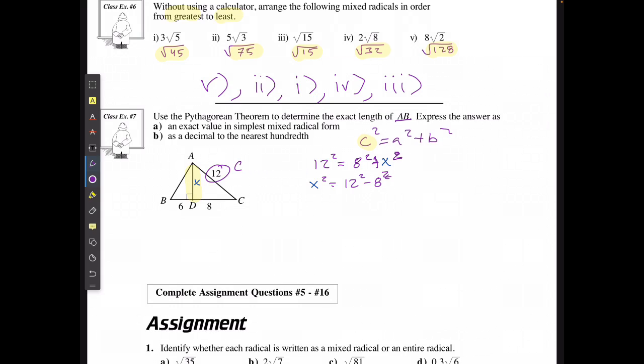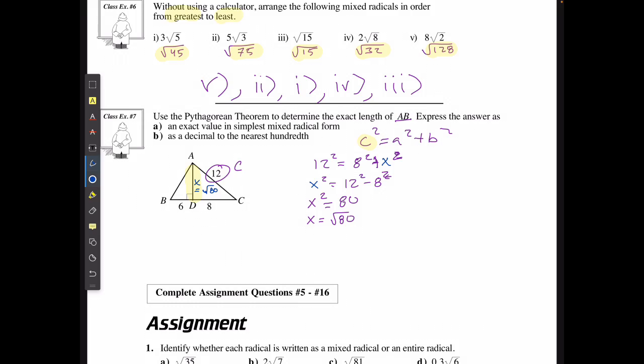And then I can put into my calculator 12 squared minus 8 squared. And I'm going to say that x squared is equal to 80. So x is equal to the square root of 80. The exact value of this is the square root of 80.